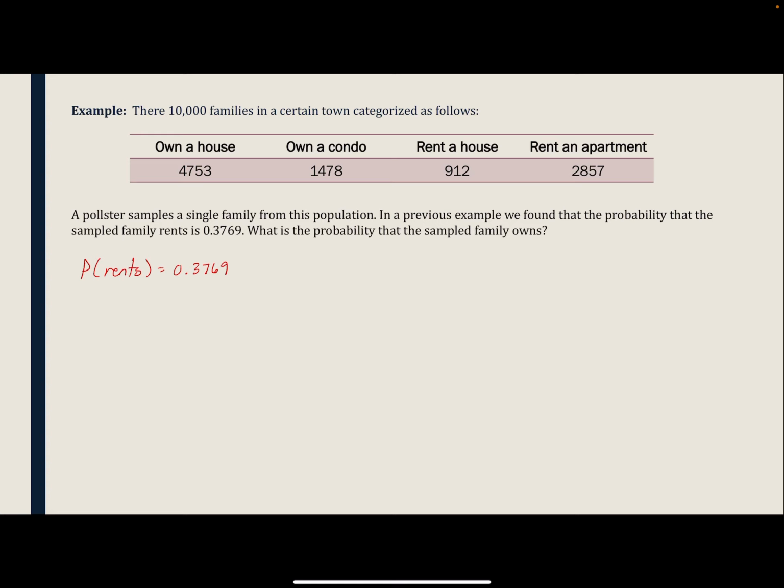Well, we could add up the probability that a family owns a house with the probability that a family owns a condo, just like we did for renting. But we also know that renting would be the complement of owning. So since I've already figured out the probability for renting, the probability of owning is going to be 1 minus the probability of renting. And so I would do 1 minus 0.3769 to get 0.6231.